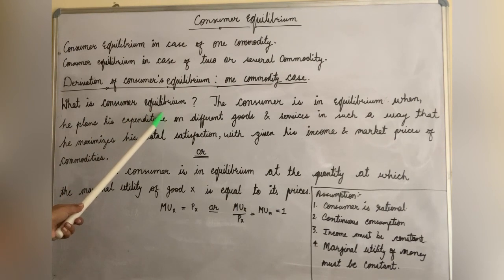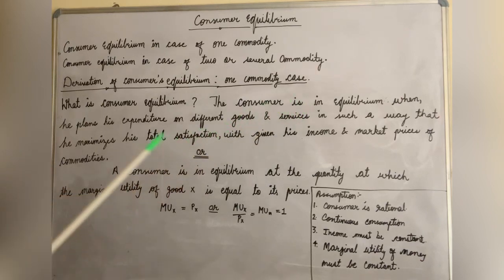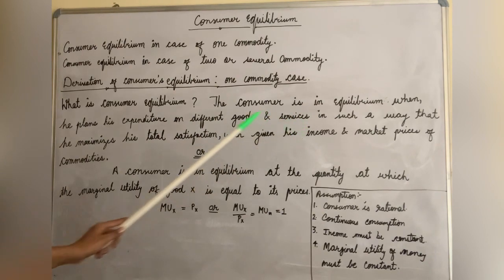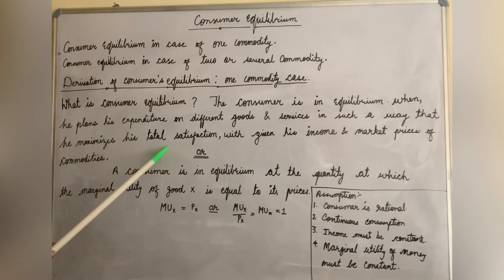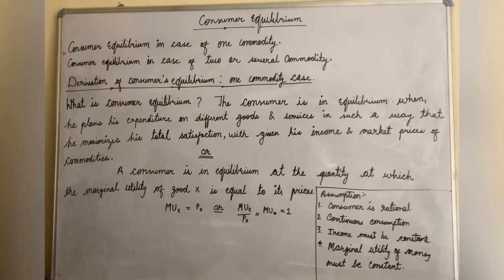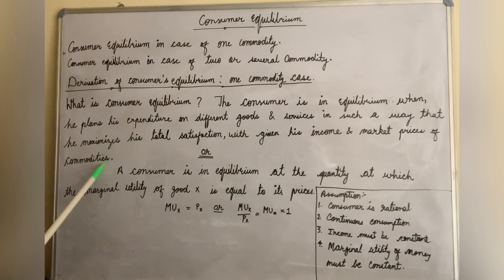So how is consumer equilibrium defined? The consumer is in equilibrium when he plans his expenditure on different goods and services in such a way that he maximizes his total satisfaction, given his income and the market prices of commodities. It means he gets maximum satisfaction with the constraint of his income and market prices of commodities.